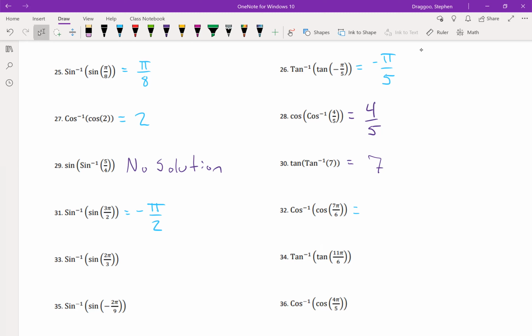A half step that we can take to get there is to say that this is the same as the cosine inverse of negative root 3 over 2, since we know from the unit circle that the cosine of 7 pi over 6 is indeed negative root 3 over 2. And then take the cosine inverse of negative root 3 over 2 and get 5 pi over 6.